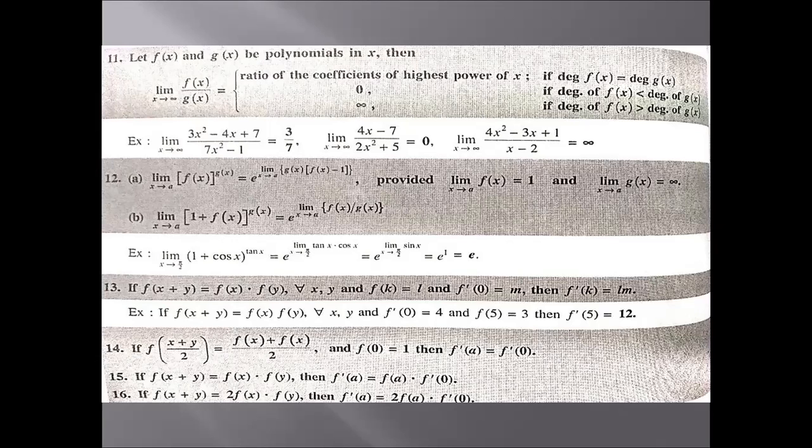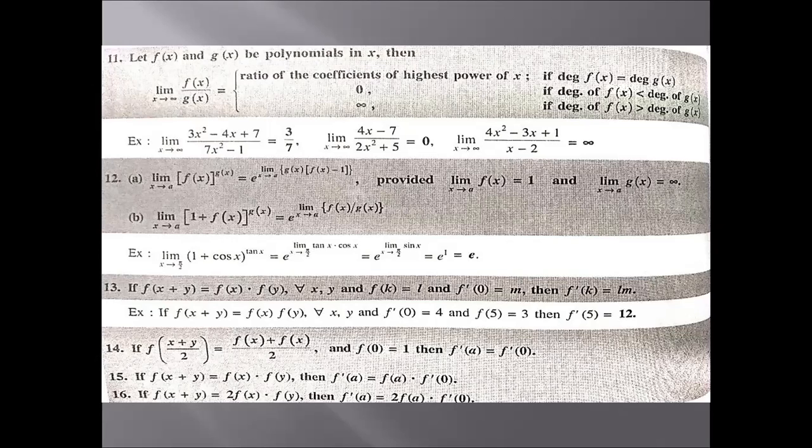Second one, the limit as x tends to a of (1 + f(x)) to the power g(x) is equal to e to the power of the limit as x tends to a of f(x) times g(x).